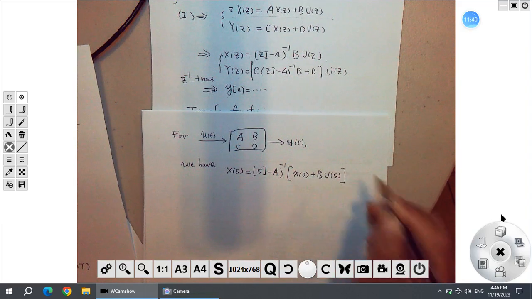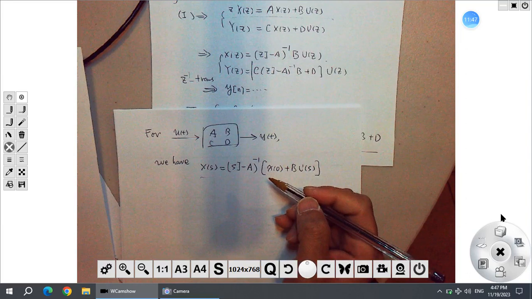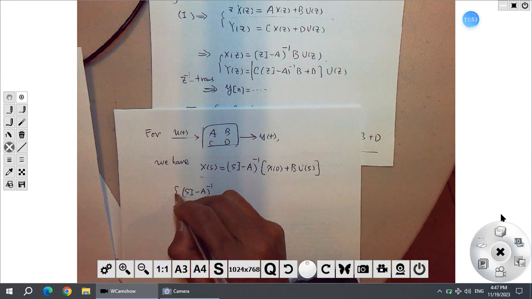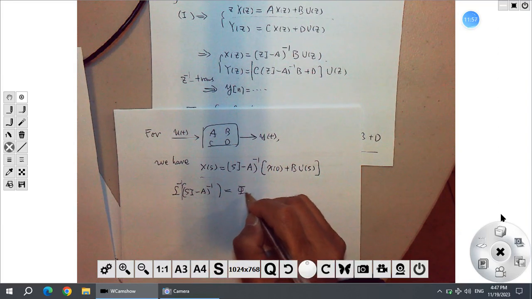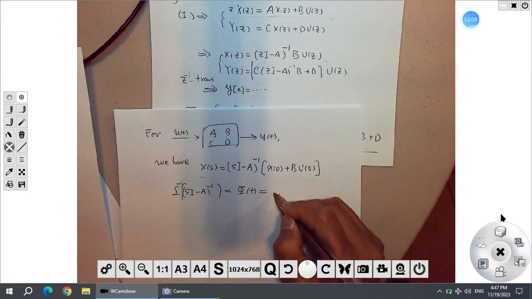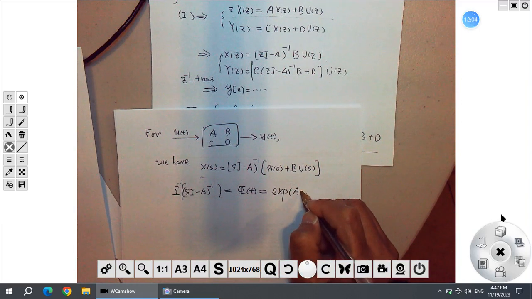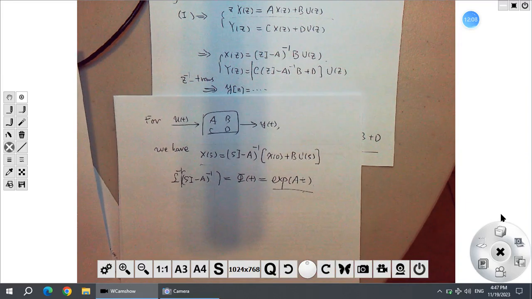Right? We have this one. This is X. So in time domain, it will be the inverse Laplace transform of (sI minus A) inverse. This one we denote as phi of t. It can also be written as the exponential power of A times t. Yeah, this one is the most convenient.